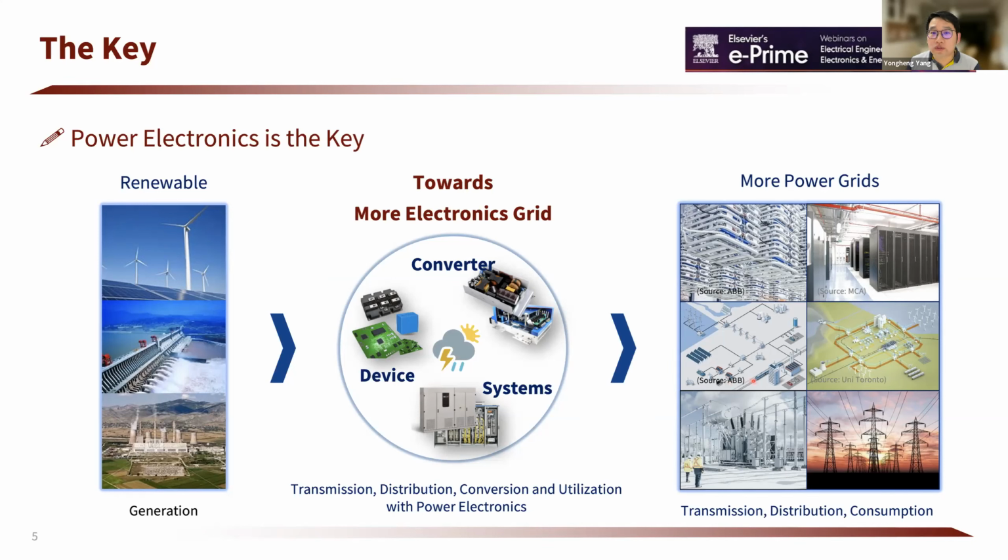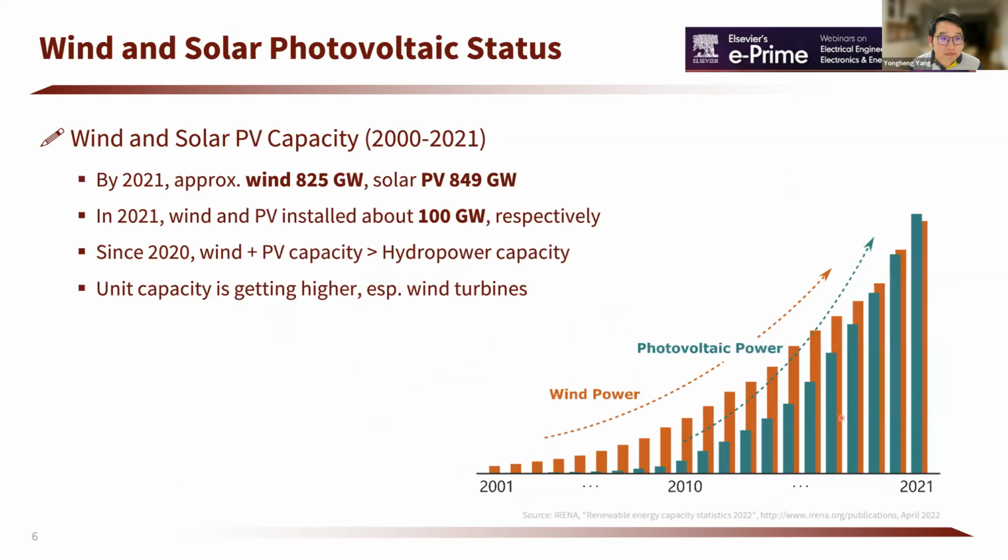And we will soon see a power grid that is highly penetrated with power electronics. And in that case, we have quite a lot of challenging issues to face and to address in order to secure the power supplies and have a reliable and stable power system.